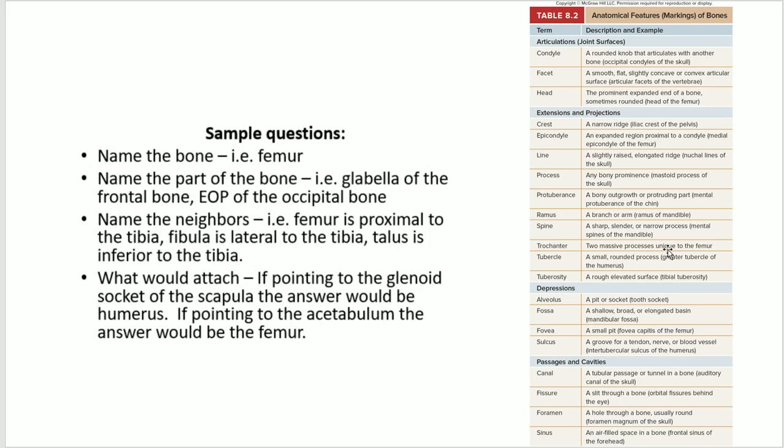Just familiarize yourself with these terms so that when you do see something, like if you see process, you already know that that's some kind of protrusion, some kind of extension, some kind of projection. It's kind of a shortcut into naming it, even if you may not have memorized this.